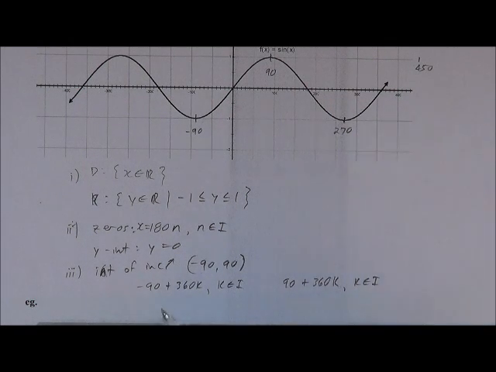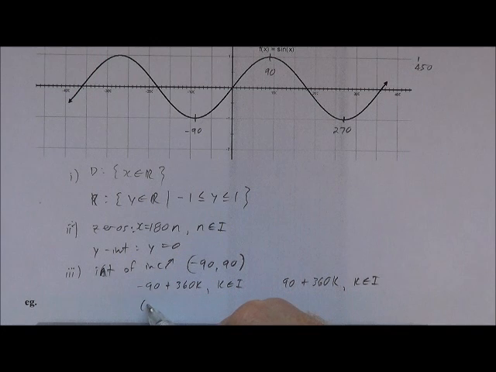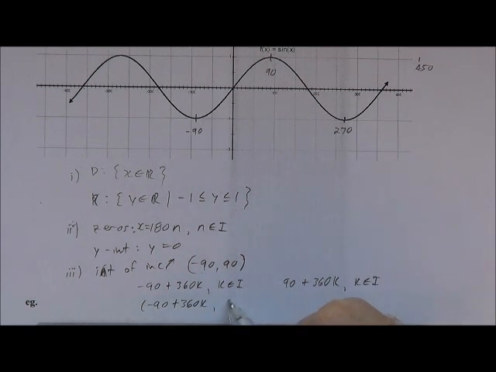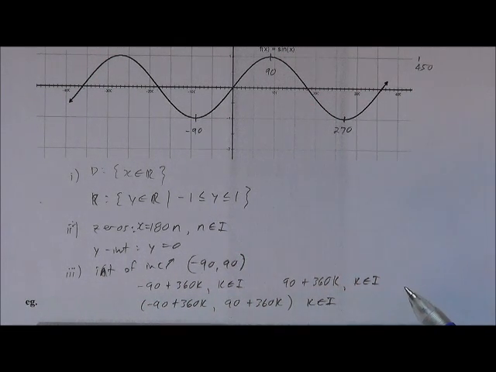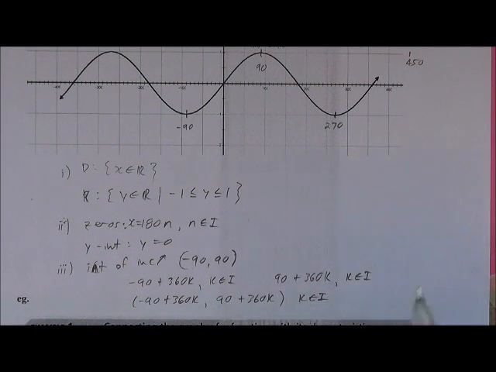And so if we were to put these two together, the beginning point and the end point, it would be negative 90 plus 360k to 90 plus 360k, in both cases where k is an element of all integers. And then just one last little thing we have to do here is factor a few things out.